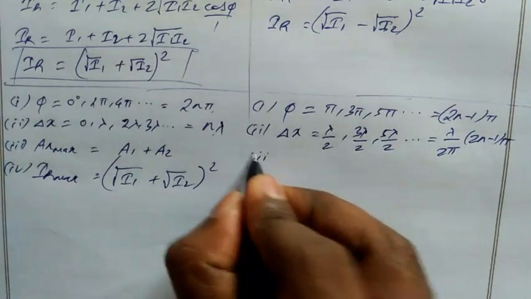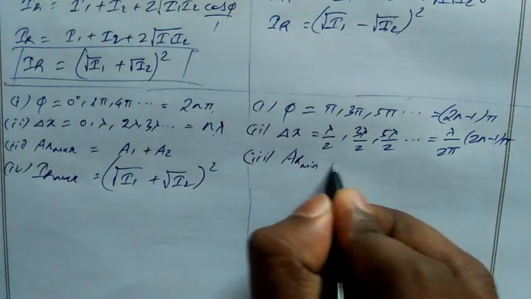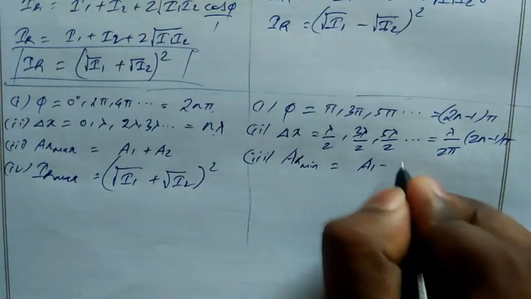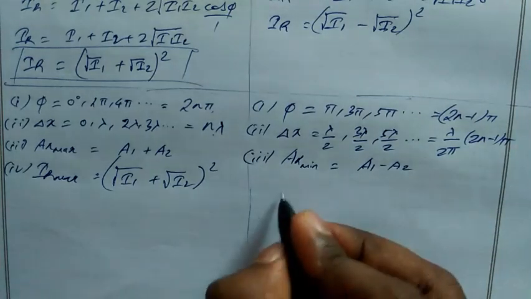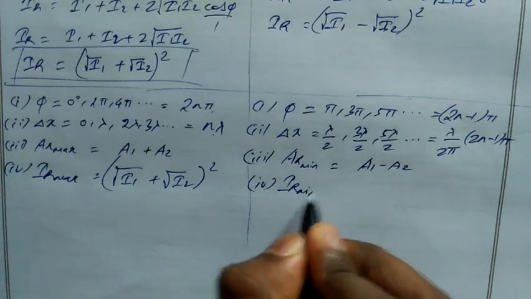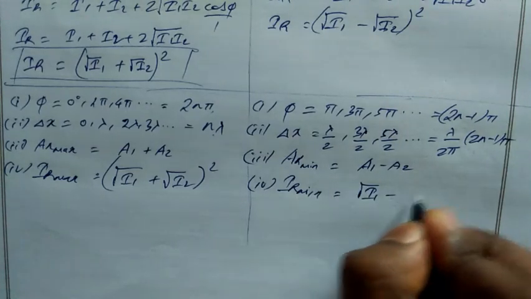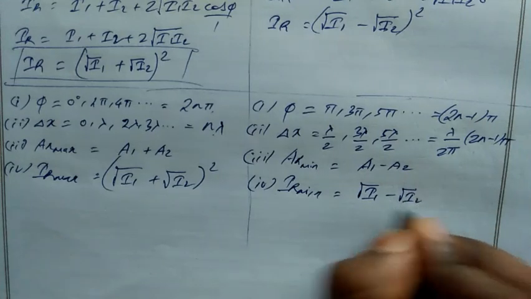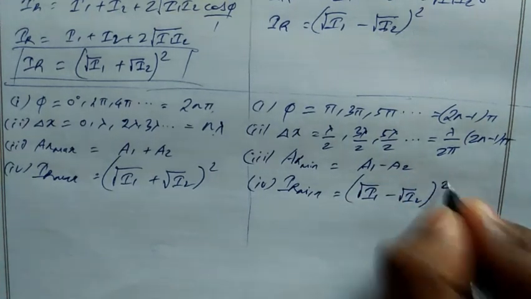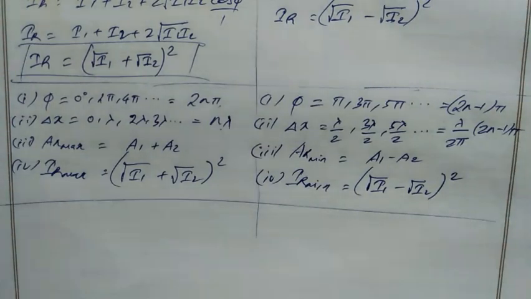Then amplitude minimum equal to A1 minus A2. Intensity minimum equal to root of I1 minus root of I2 whole square. So these are the 4 important things that you have to remember.